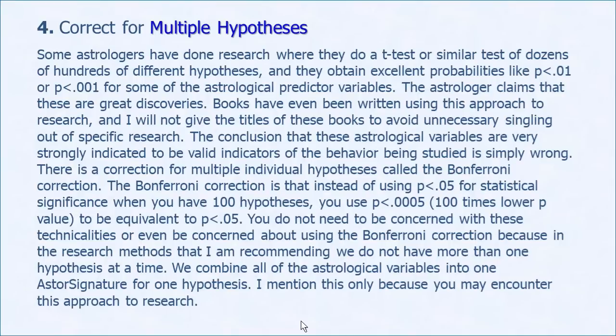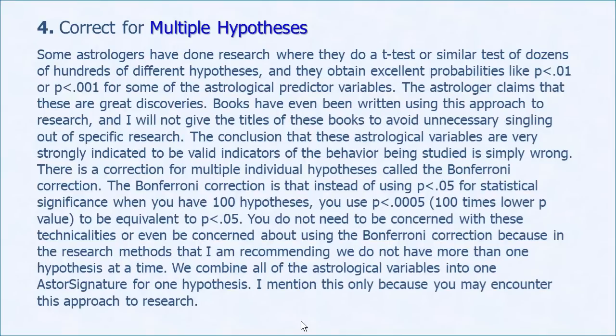And they might have a book or an article, and they'll say, oh, look, there's 100 astrological factors for ADHD or whatever it is they're studying with a p-value less than 0.001, which is a fantastic p-value.